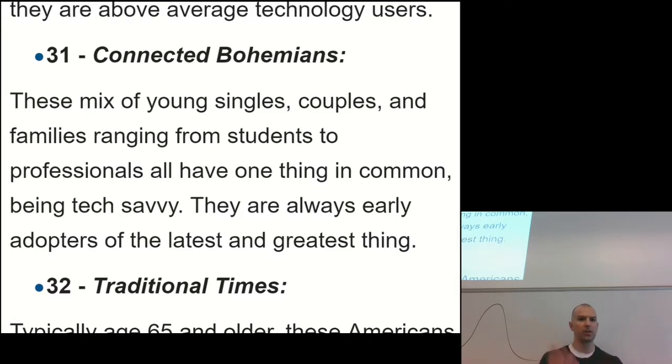So I read it, and it goes, these mix of young singles, couples, and families ranging from students to professionals, all have one thing in common, being tech savvy. They're always early adopters of the latest and greatest thing. That is what a connected bohemian is. She wanted to know about the color perception of connected bohemians. What is the population distribution for the ability to see, for example, red among connected bohemians? I have no idea whatsoever what that distribution is.